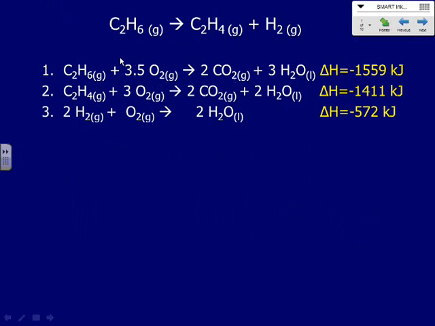So this next slide, I've just taken those reactions and moved them up so I've got some room to do some calculations. And now we want to manipulate each of our reactions so that we can get the C2H6 as a reactant and the C2H4 and H2O as products. So if we take a closer look at the first reaction, you'll notice that C2H6 is already existing as a reactant in our combustion reaction.